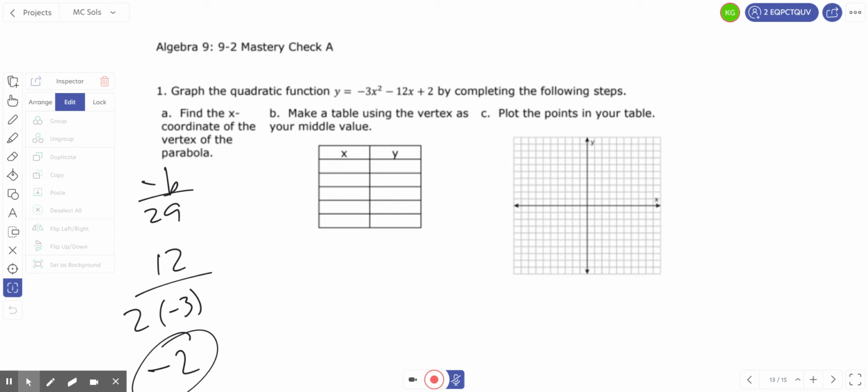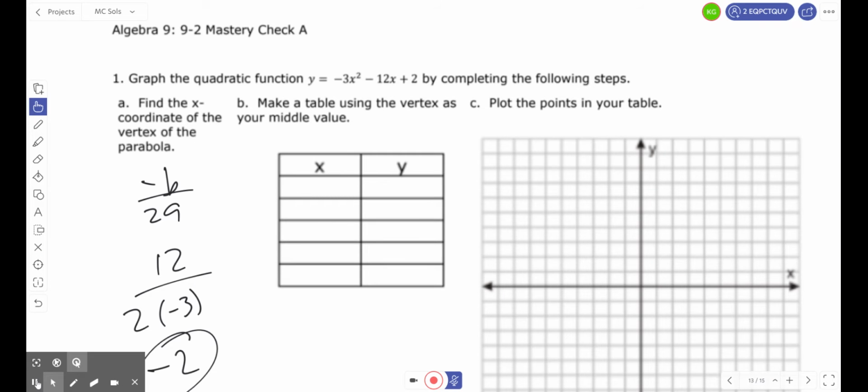And now we want to center our table on that. So we make a table using the vertex as your middle value. Our middle value is negative 2. I'm going to make that table bigger.